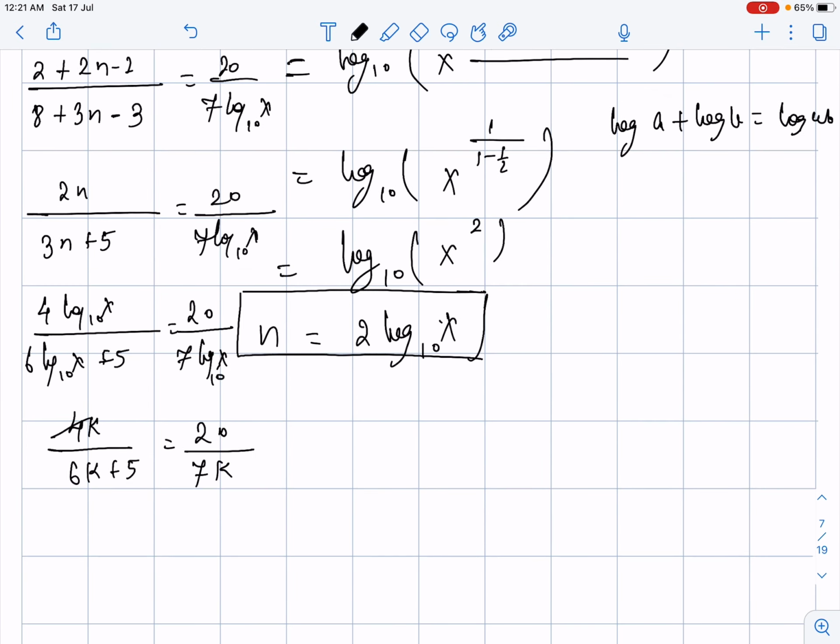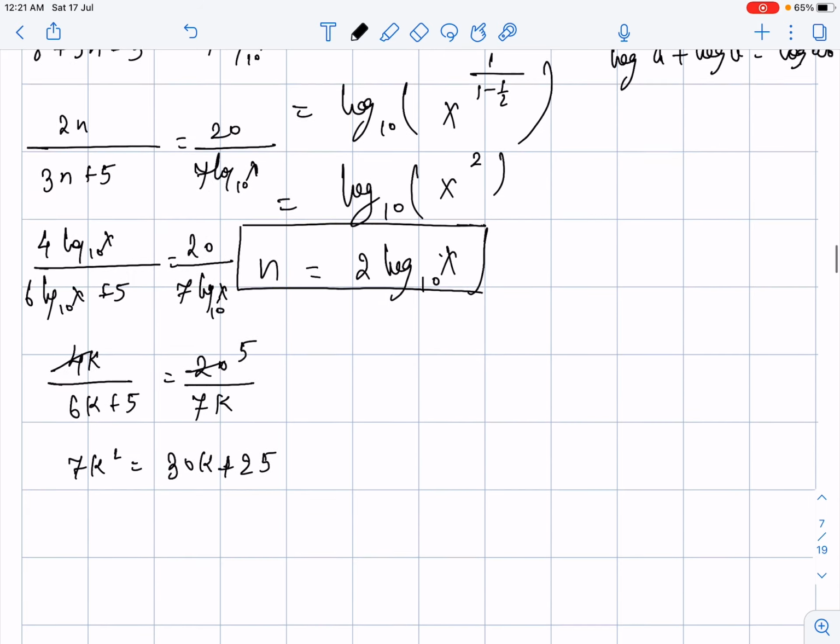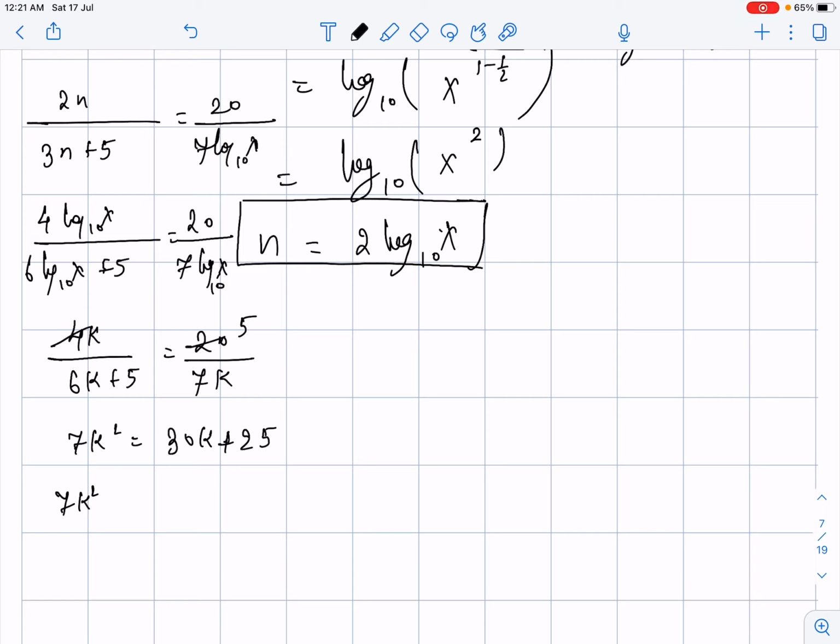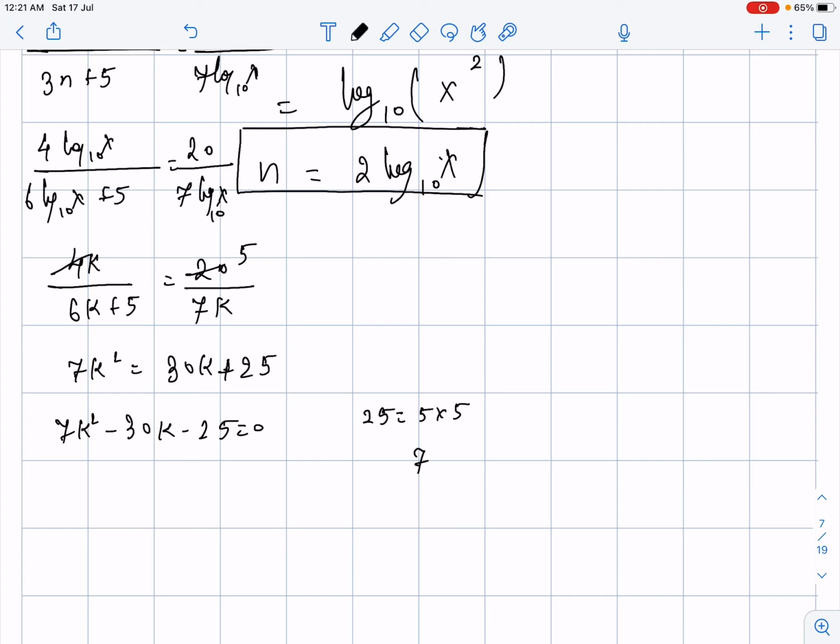Now constants we may cancel, there is no issue. So 7k square will come, that is equal to 30k plus 25. Proceeding further, we write 7k square minus 30k minus 25 is equal to 0. Factors of 25 are 5 into 5, and the factor of 7 is 7 only. 7 times 5 is 35, so minus 35 we write, and plus 5k we write, which generates minus 30k, equal to 0.